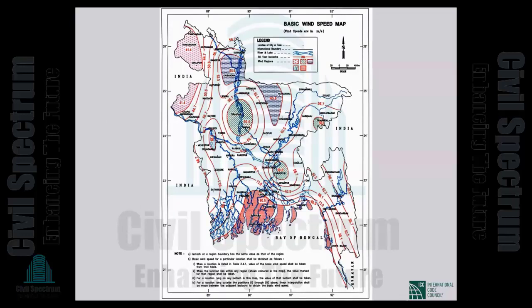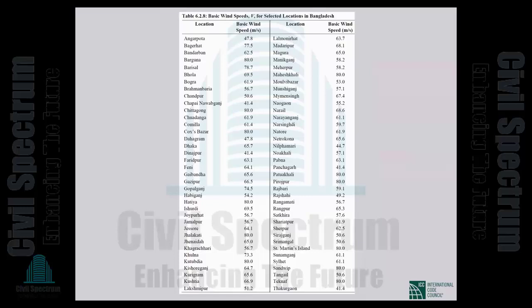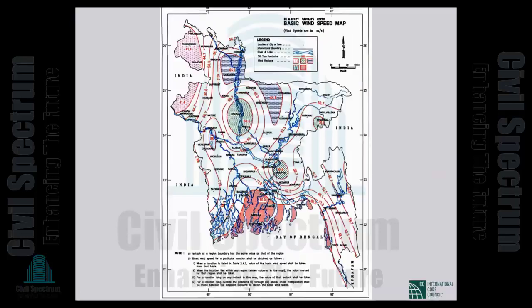The wind velocity V will come from this map. In addition to the map, I think you should be very thankful that in the Bangladesh Building Code, for most significant communities in the country, you have the design wind speed listed in a table. So for Dhaka, it is 65.7 meters per second. Nothing could be any easier than that. You don't have to do any interpolation, anything.